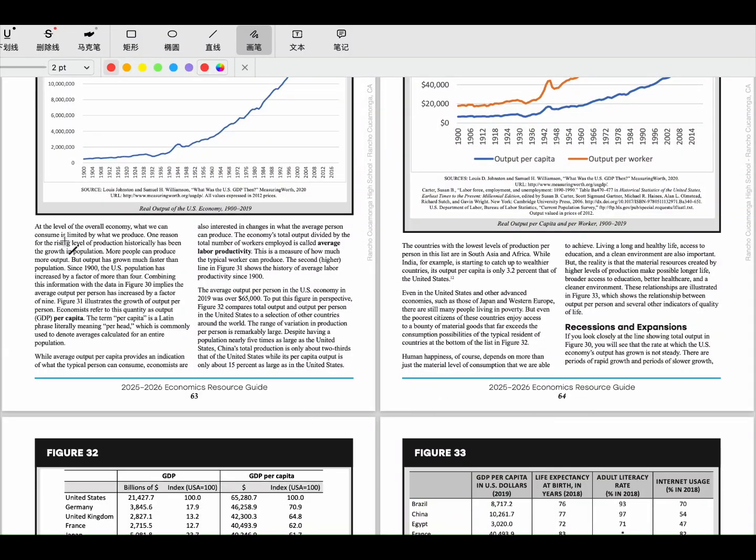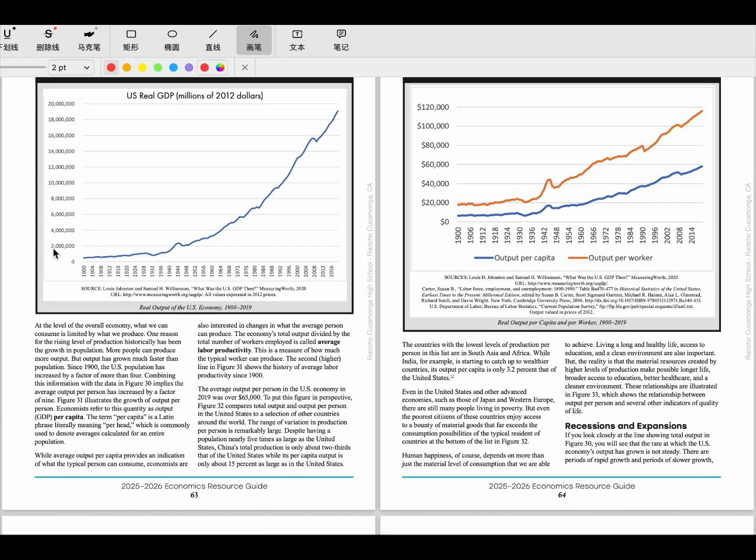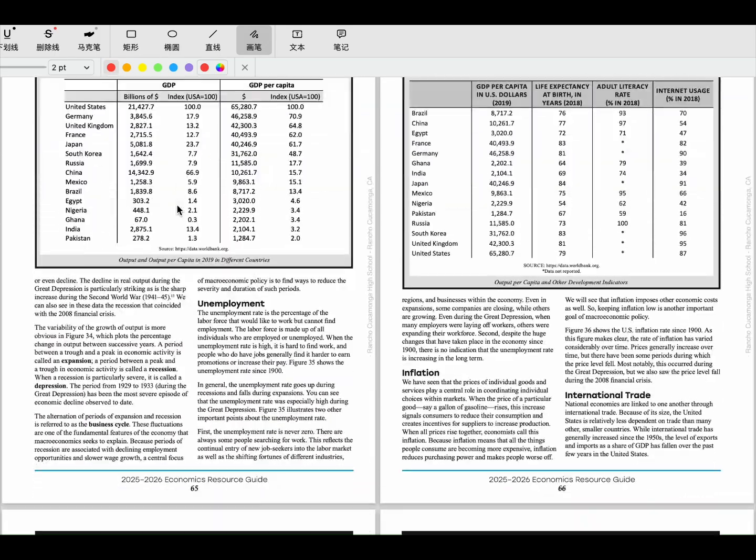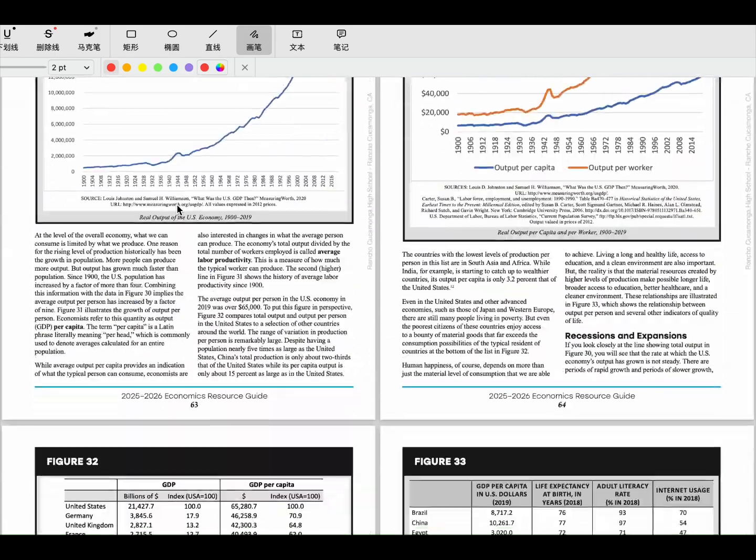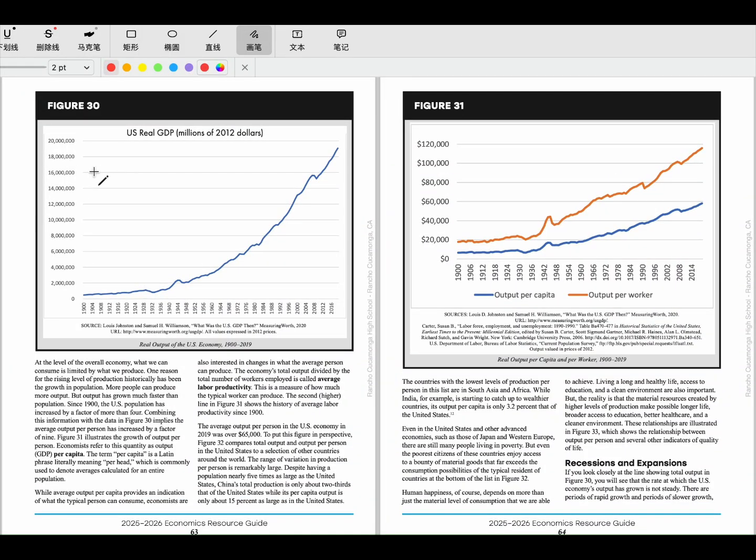The next one is to actually define what GDP is. So how do you calculate GDP exactly? It's the total amount of consumption plus investment plus governmental spending plus exports minus imports.